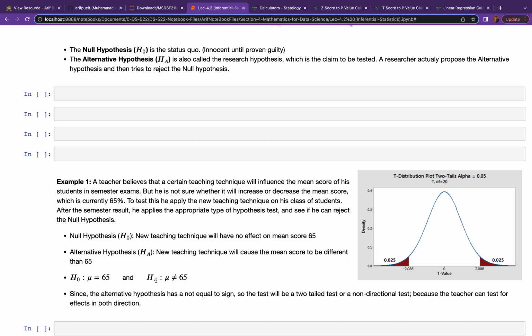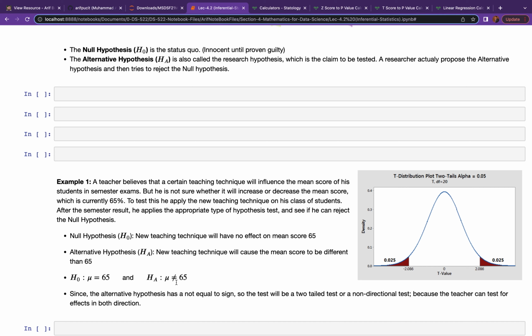Well, to prove this research hypothesis, the teacher applied the new teaching technique on his class. After the semester result, he applies an appropriate type of hypothesis test to see if he can reject the null hypothesis.